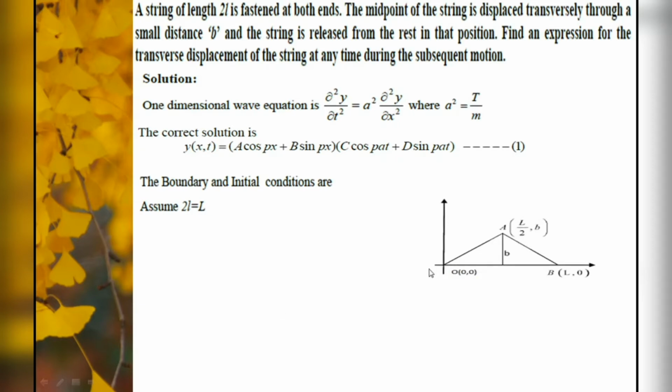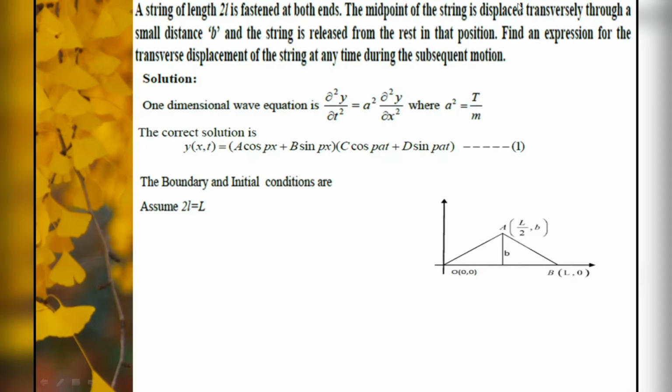It is given that the two ends of the string are held fixed. At x equal to 0 it is fixed, and at x equal to L, here capital L is nothing but 2 into small l. The midpoint of the string is displaced transversely. Transverse means some perpendicular movement, and it is at a distance b.